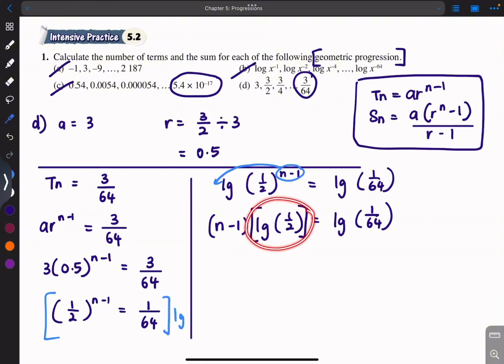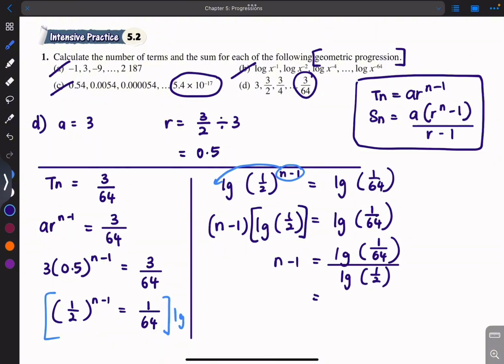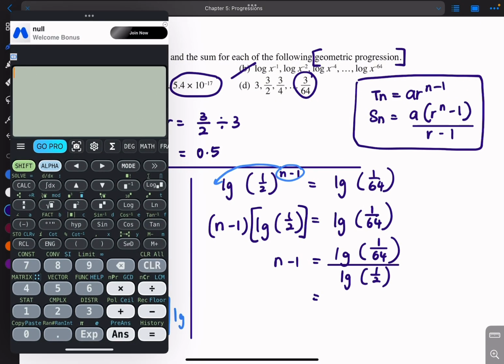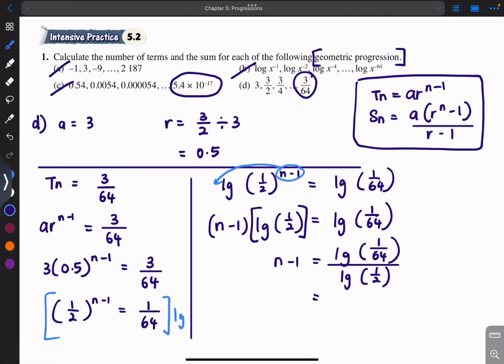Then this one we can bring over here, becomes divide. So log 1 over 64 divided by log 1 over 2, we get 6. So you can say this is 6, therefore n is 7. So we have 7 terms in this sequence.